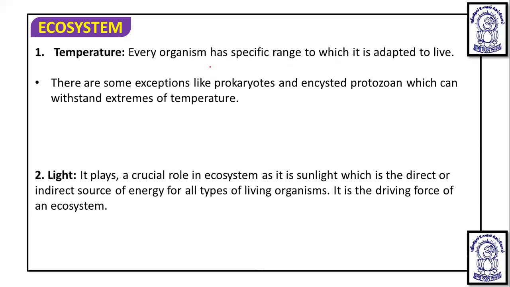There are some exceptions like prokaryotes and ancestral protozoans, which have a cyst or a thick wall that can withstand extremes of temperature. In prokaryotes also, we know archaebacteria can survive at a very high temperature, approximately 80 to 100 degrees Celsius, and at acidic pH also. So some bacteria can survive these harsh conditions, others cannot. These bacteria are the living component, but temperature is the non-living component.